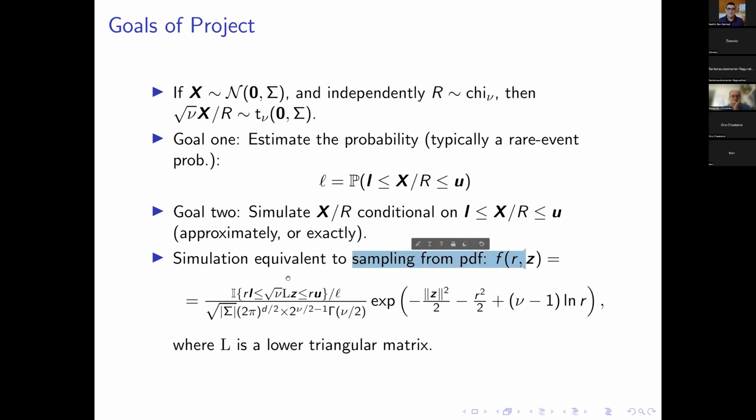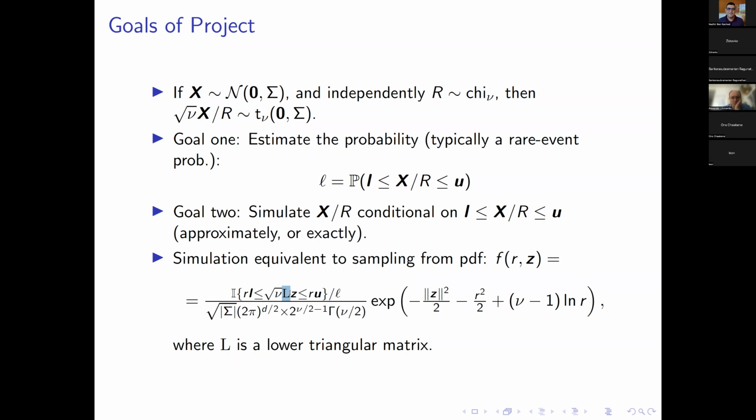So here I have applied a transformation: the covariance structure is in the constraints.